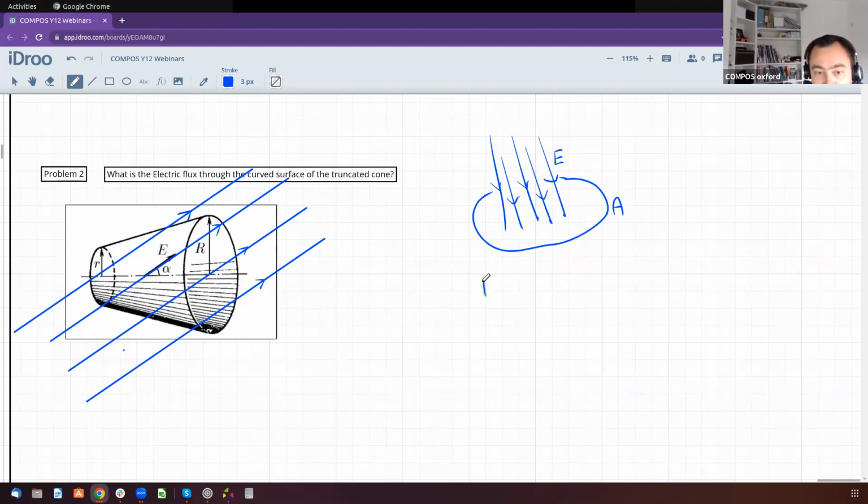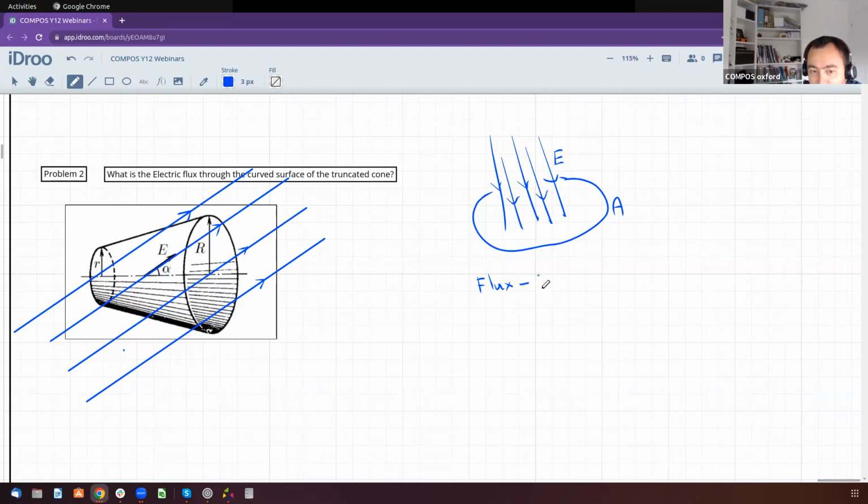So the flux is the amount of electric field caught by this surface.